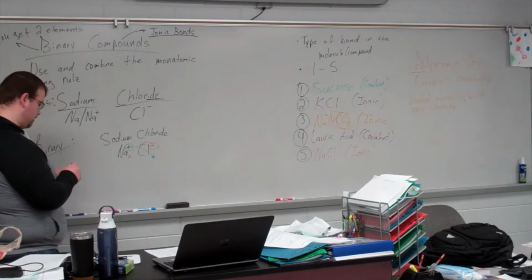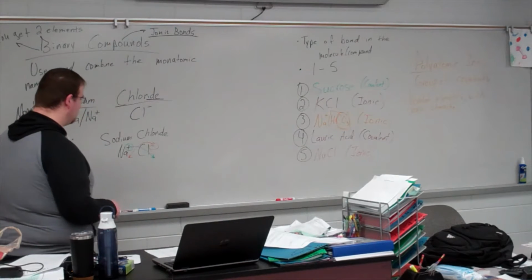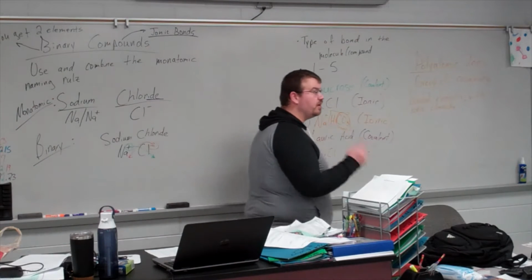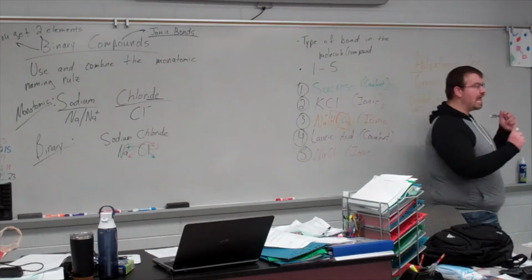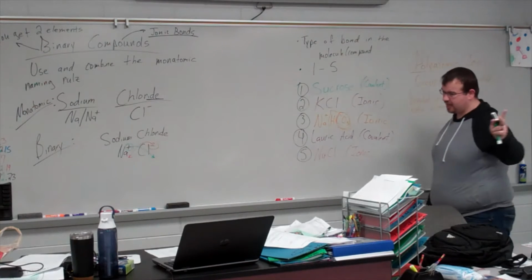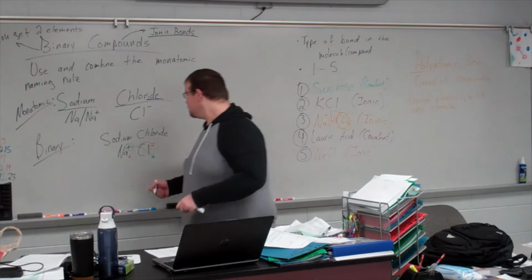So whenever you do this, it tells you the number to put with it. This is why we have to balance the charges. In other words, if I have two positives and one negative, I need two of those negatives to balance out one of the positives. I'm going to show you here in a second. So this is all that happens.